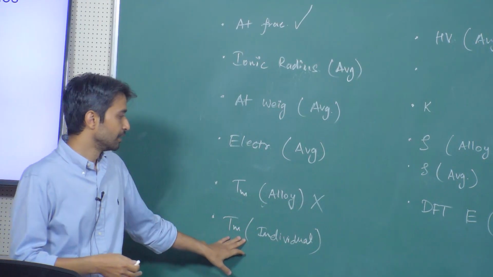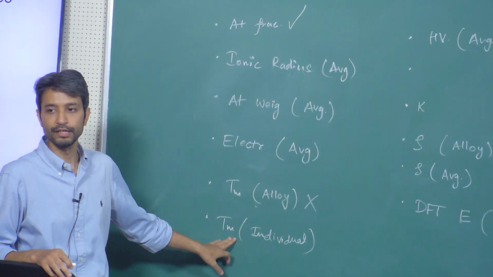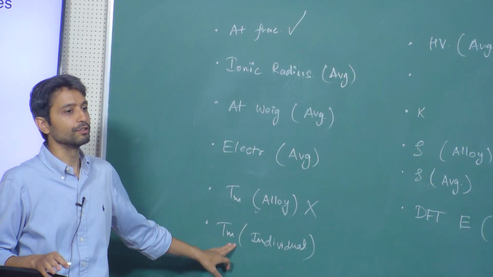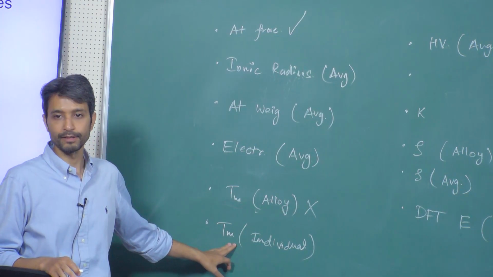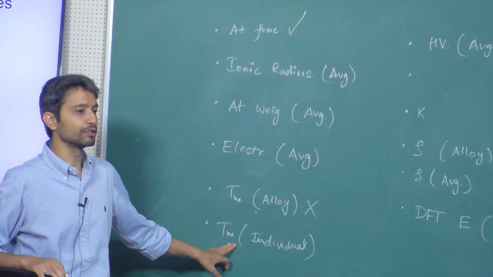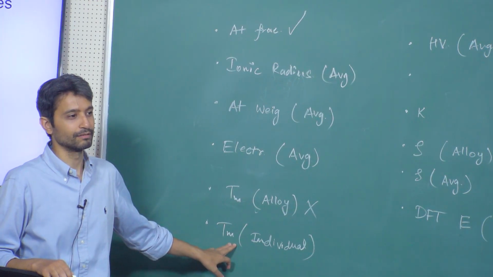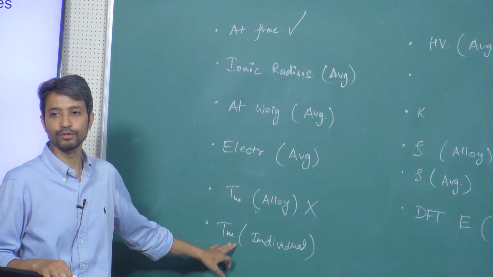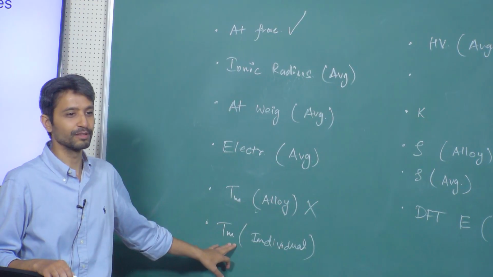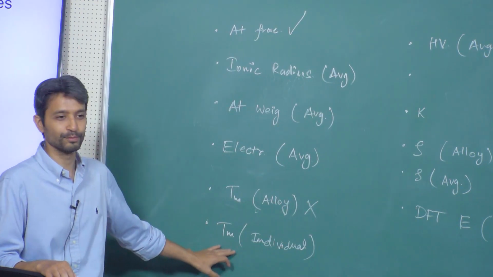What about these individual elements? For individual elements, I will always have melting data available, unless you are talking about some nuclear elements for which it's not easily available. It was surprising for me also.